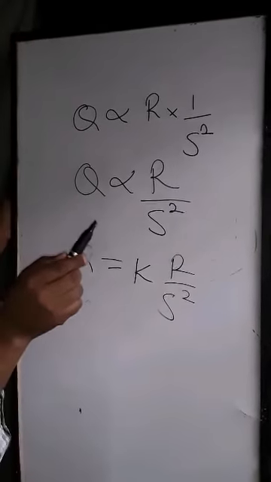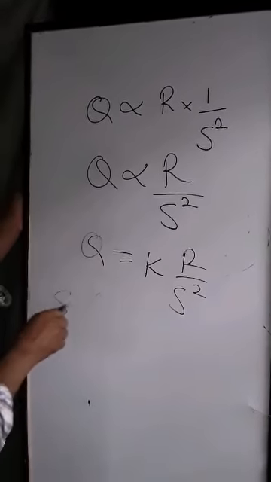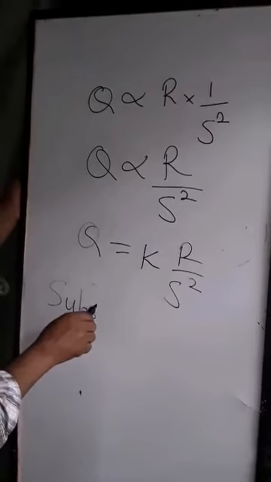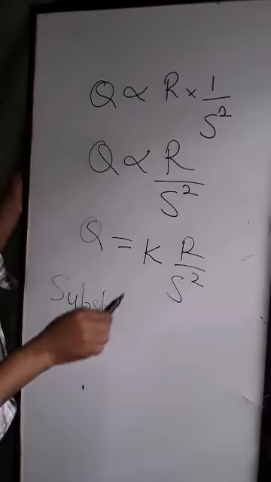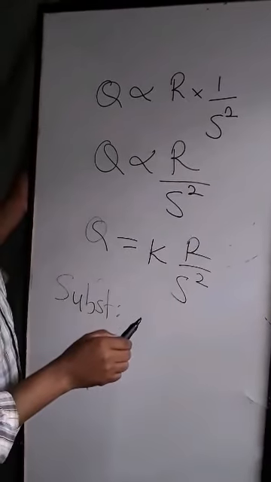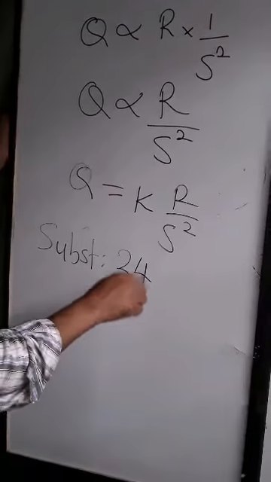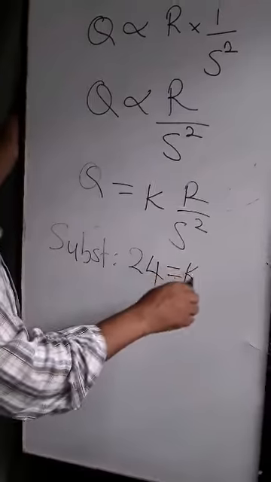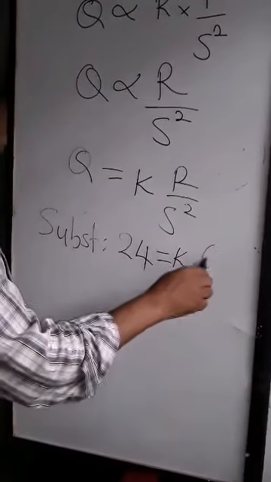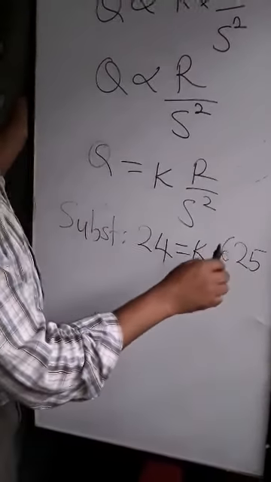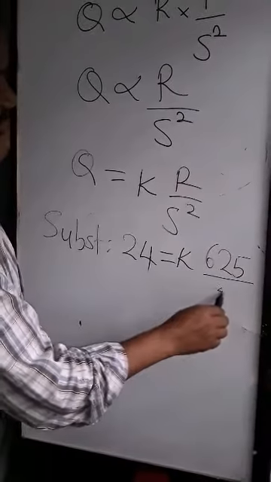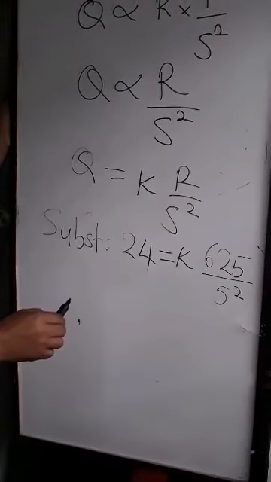Now, substitute, I'm writing it in short. We are told that Q is 24, when R is 625, and S is 5, so 5 squared.